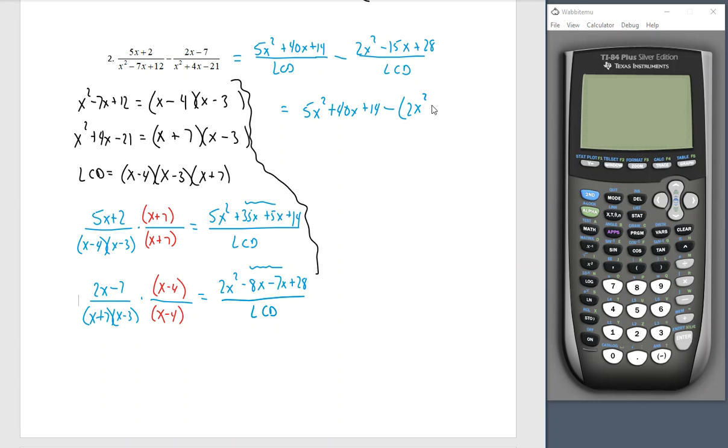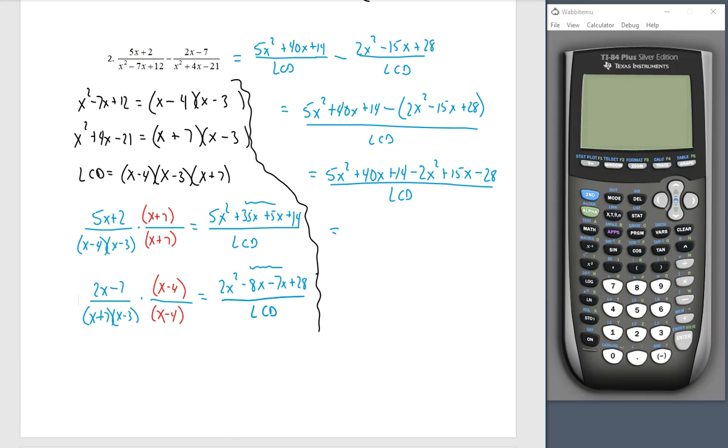Minus 2x squared minus 15x plus 28 all over the LCD, which is 5x squared plus 40x plus 14 minus 2x squared plus 15x minus 28 all over the LCD, which is the longest problem ever. 5x squared minus 2x squared is 3x squared. 40x and 15x is 55x.